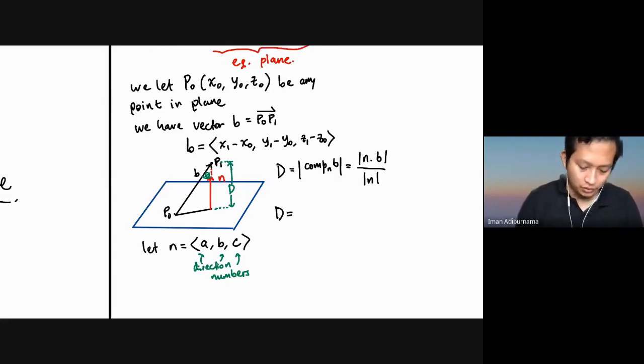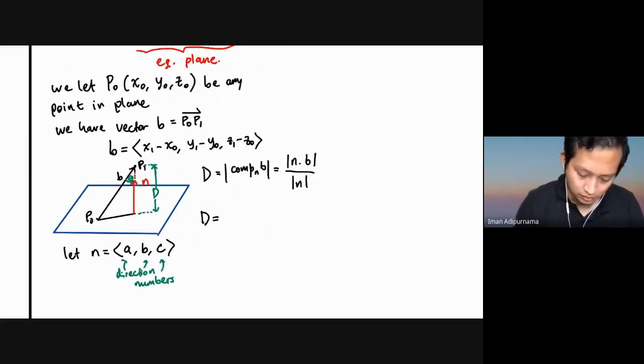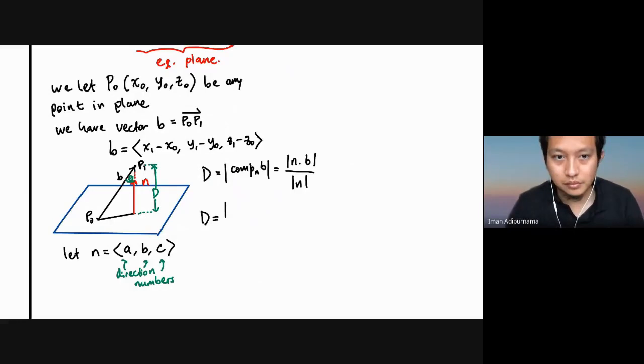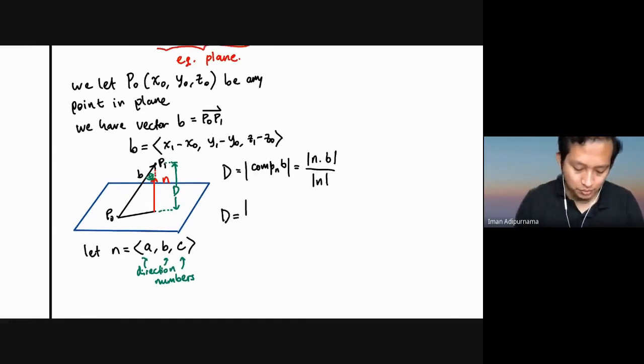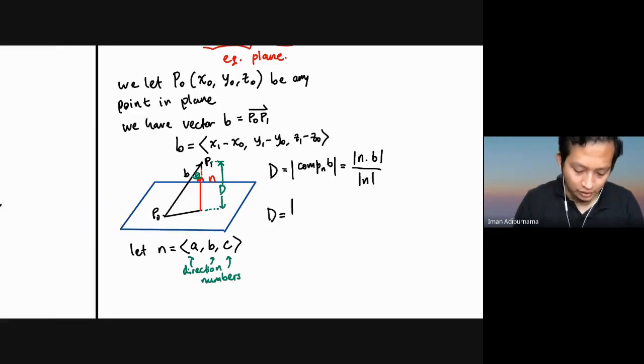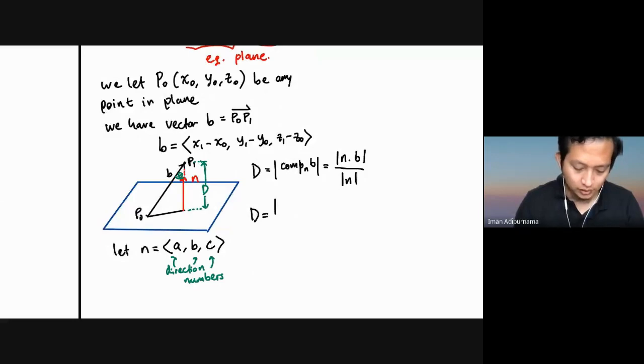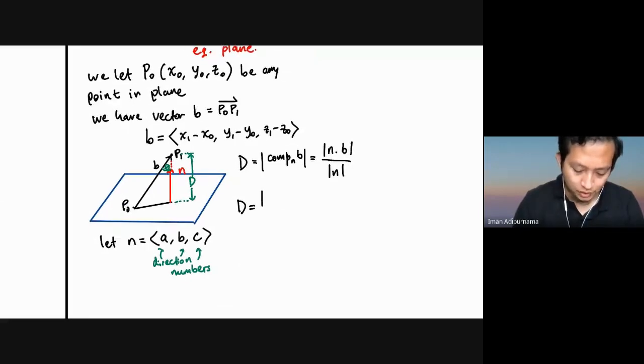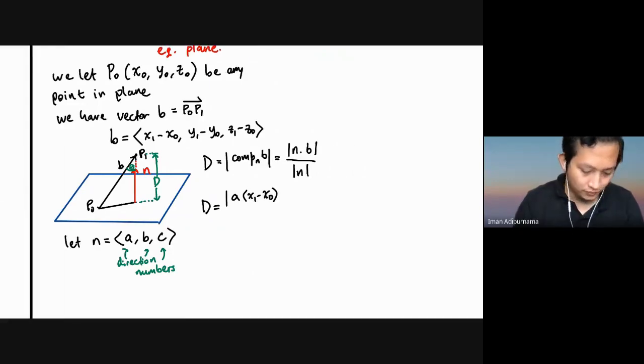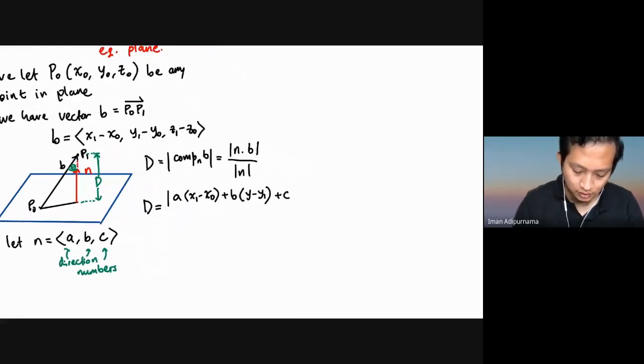So D will be N dot B. So a, b, c dot vector B. So a will be multiplied with x1 minus x0 and plus b with y and plus c with z.